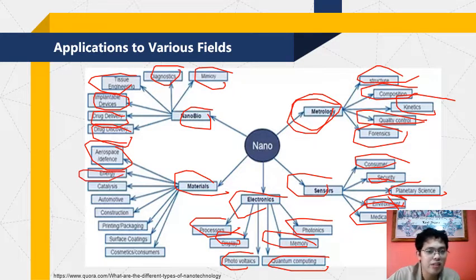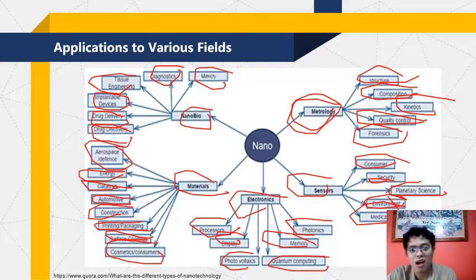Then for energy: catalysis, automotive, construction, printing and packaging, surface coatings, and even cosmetics for consumers. So some nanomaterials can be made for cosmetic products as well.